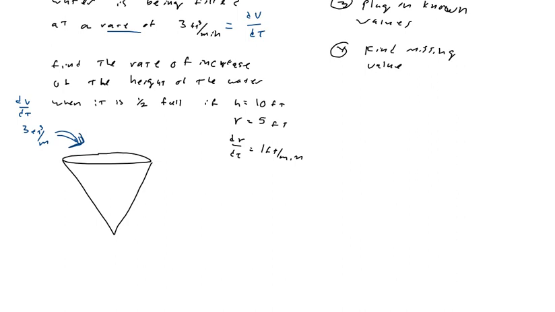We've got the height of the tank, the point we're concerned about is 10 feet. This is h, the height of the tank. The radius at the top here, at that point in time, that's 5 feet. And we know the change in radius, dr dt, over time, is 1 foot per minute.